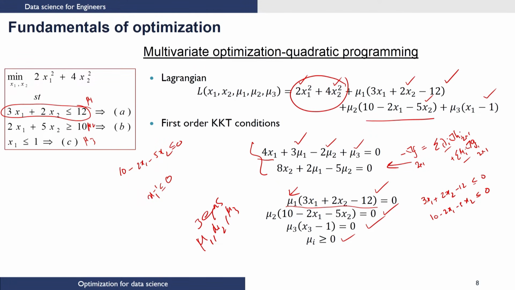So, out of the 5 variables here I have already computed one. Similarly, if I say whatever is inside here is not 0, then mu 2 has to be 0, and whatever is inside here is not 0, mu 3 has to be 0, then I have already computed values for mu 1, mu 2 and mu 3. Then I could substitute those values back into this equation and I have 2 equations, I can calculate x1 and x2. So, this is one option.